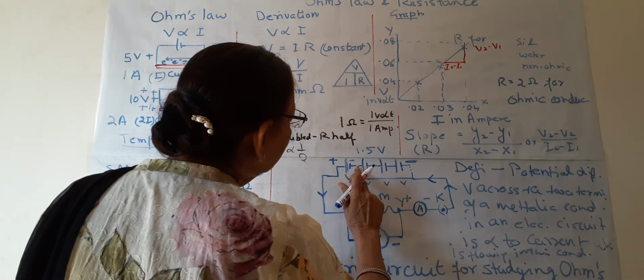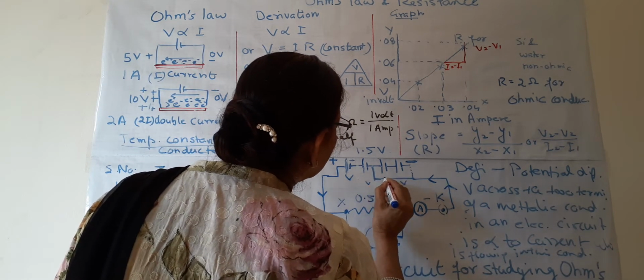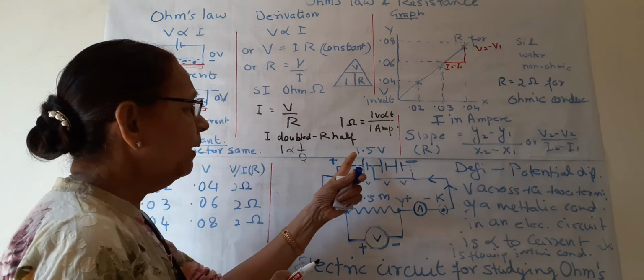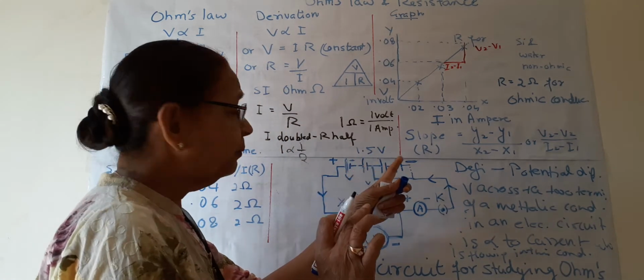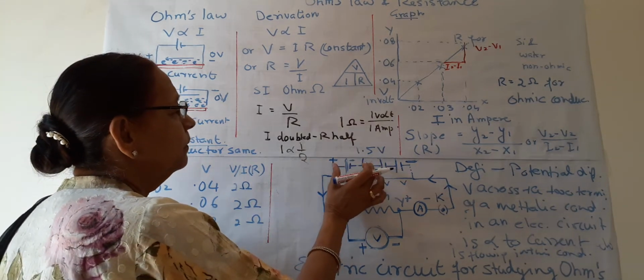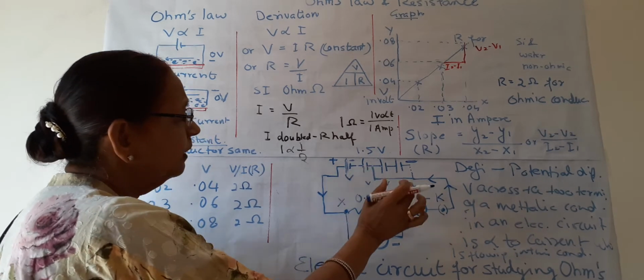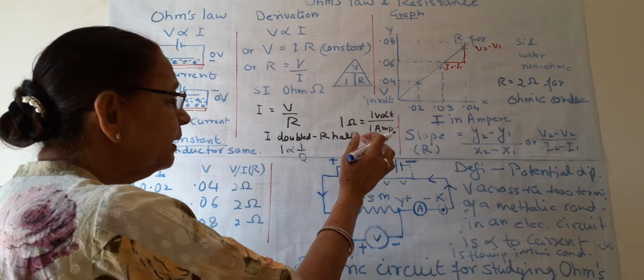Next, we join two cells together. The potential difference is doubled, 1.5 plus 1.5. When two cells are taken together, the potential difference is increased.